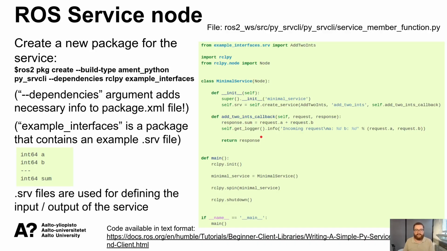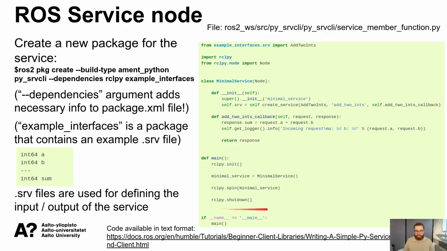So as explained previously, service is something that you feed data into in your request, and as a response you get some information. So the request information is in this example summed together, and the response that we are returning is that sum. So just a very minimal dummy example.